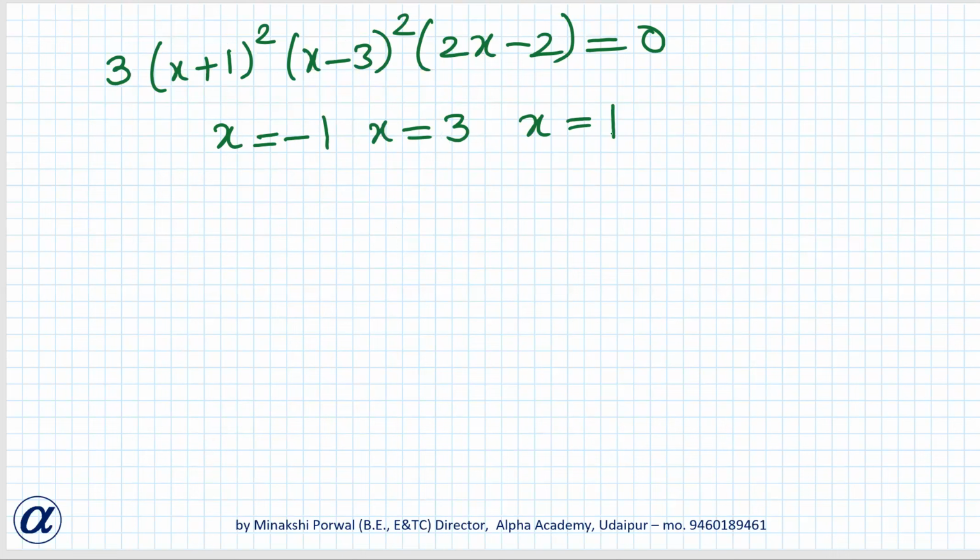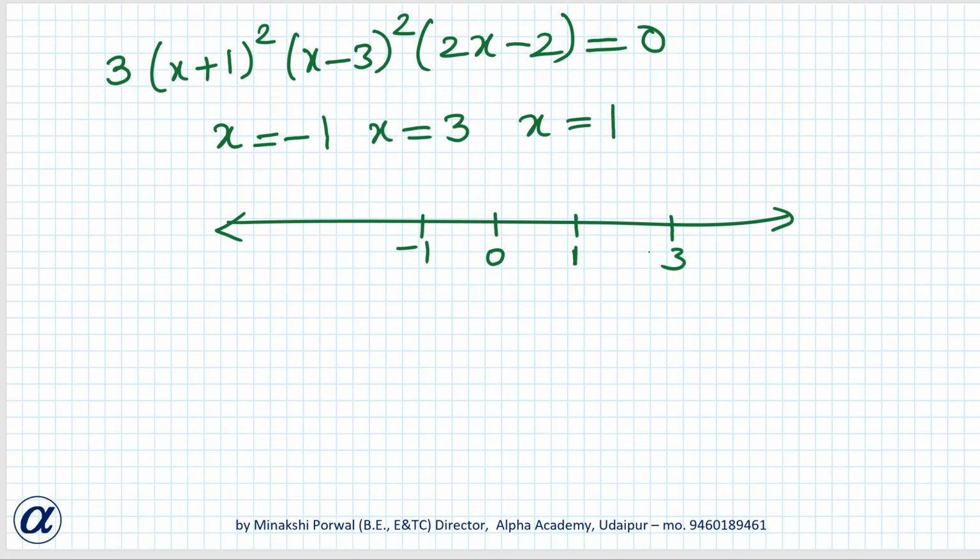Okay, till here it is clear? Yes, ma'am. Okay. Now we have, okay, so 0, this is -1, this is 1, this is 3. Okay. So our intervals will be from -infinity to -1.